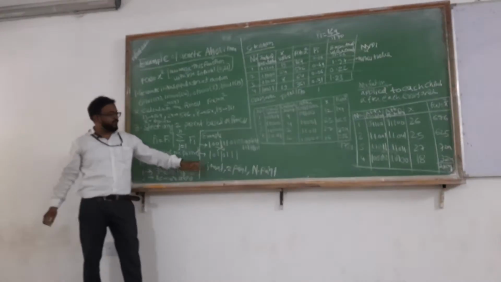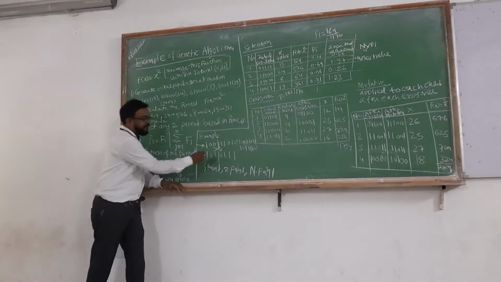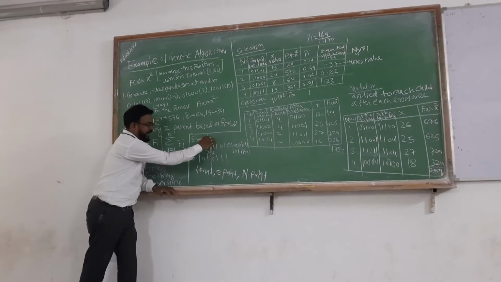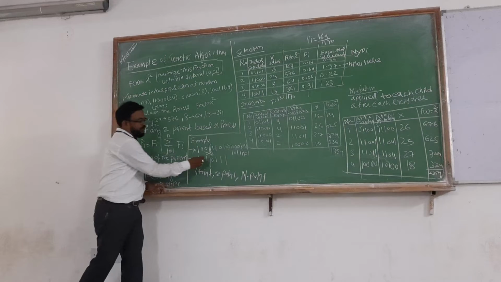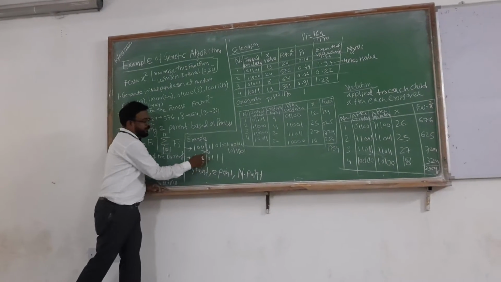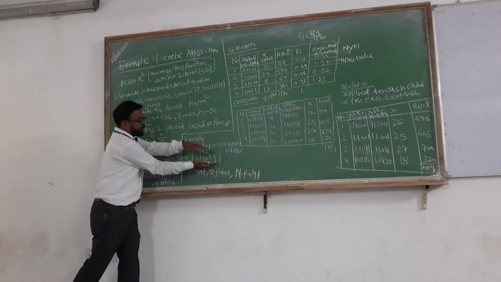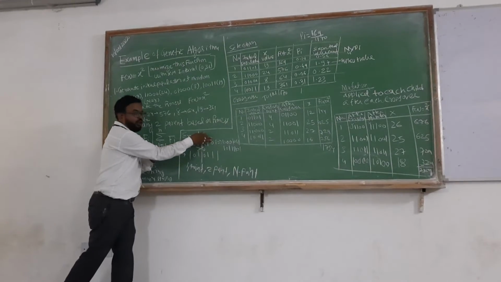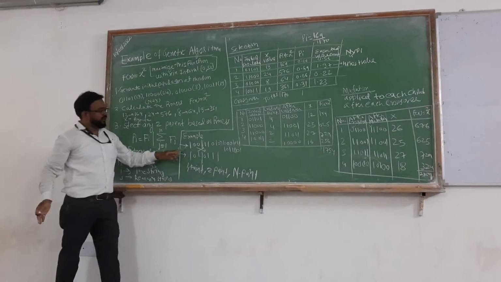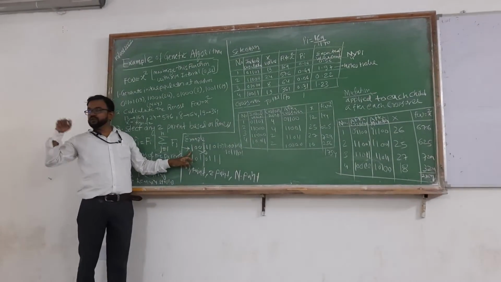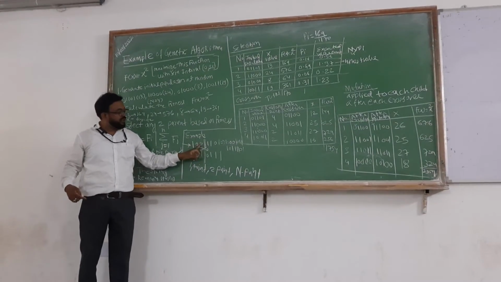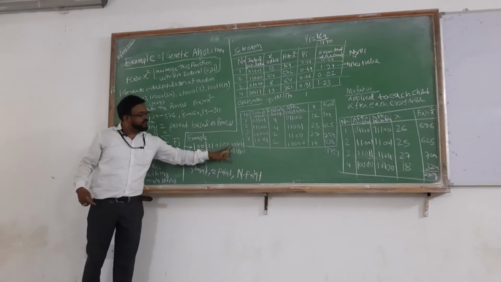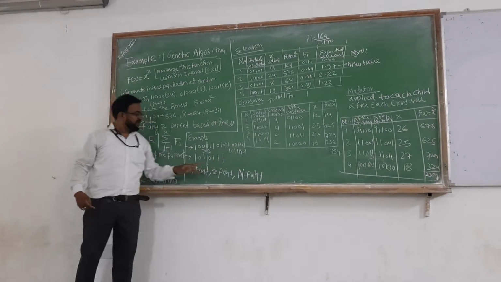Means at these junctures, what we have to do? We have to swap. This will come on top, this will come on down. So what will be the new point from the crossover? 1, 0, 0, 1, 1, 1.